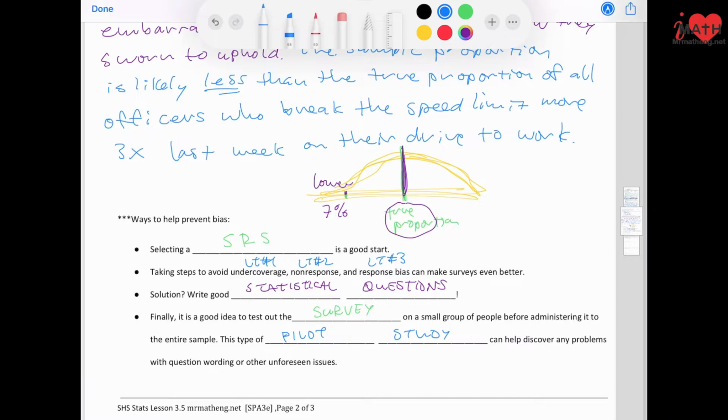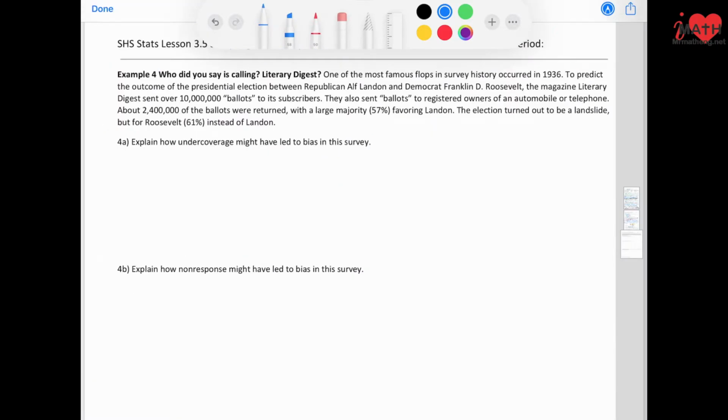You go ahead and try page 3 and then press play when you're ready. Example 4. Who did you say is calling? Literary Digest? One of the most famous flops in survey history occurred in 1936. To predict the outcome of the presidential election between Republican Alf Landon and Democrat Franklin D. Roosevelt, the magazine, Literary Digest, sent over 10 million ballots to its subscribers.